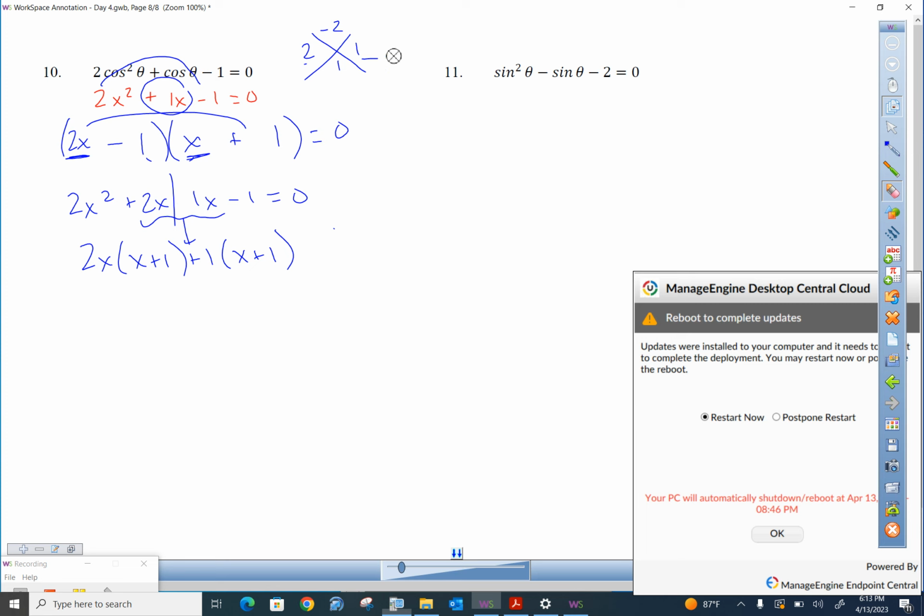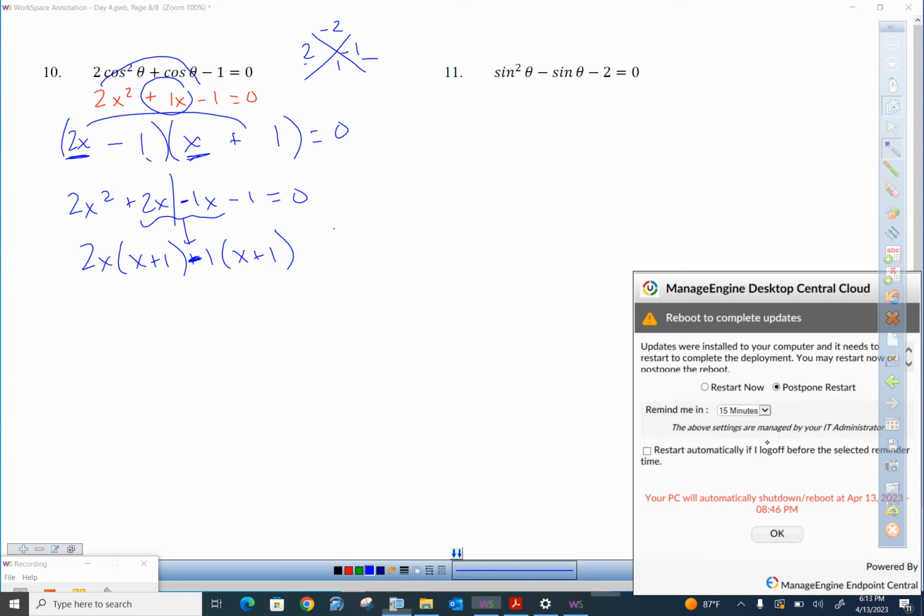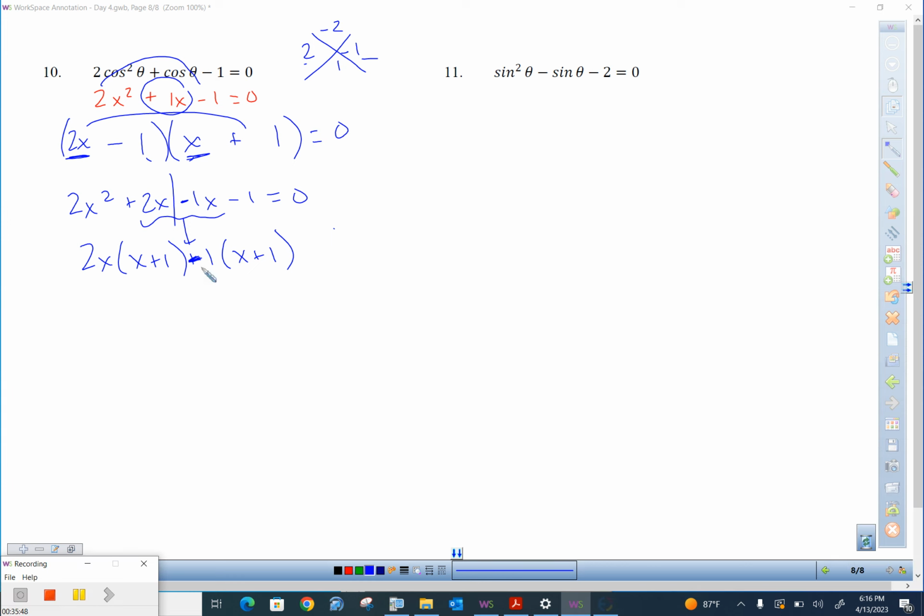That we decided was a negative 1. And that's why this one switches here. Okay, so then we regroup 2x minus 1 and x plus 1 for our factored form, which is what matches here.